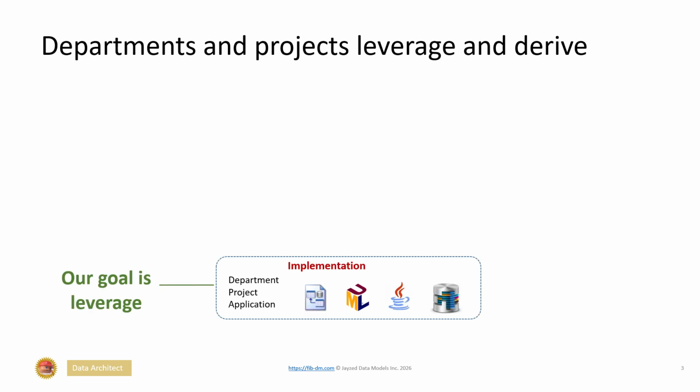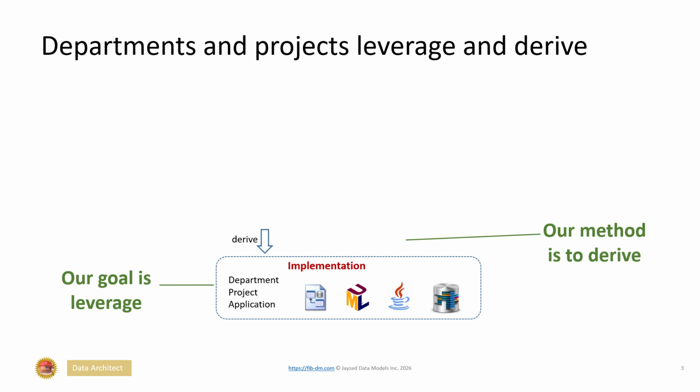So our goal is implementation for a department, a project, or for an application. And we use data models, we use UML, we may implement in Java code, we may create an RDBMS.